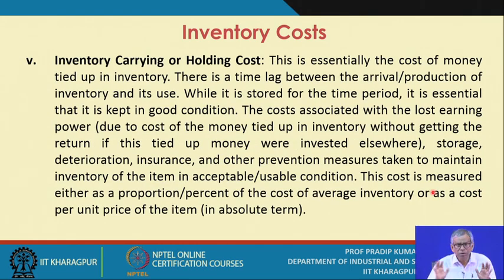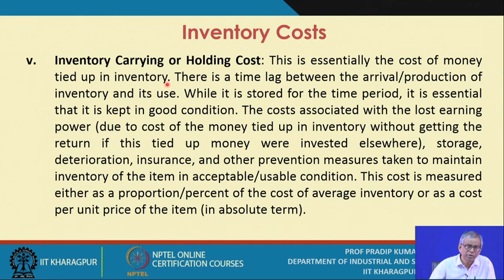Now, there's a very important cost element we have, that is referred to as the inventory carrying or the holding cost. Now, this is essentially the cost of money tied up in inventory. As I've already mentioned, inventory basically means tied up capital. Is it okay?